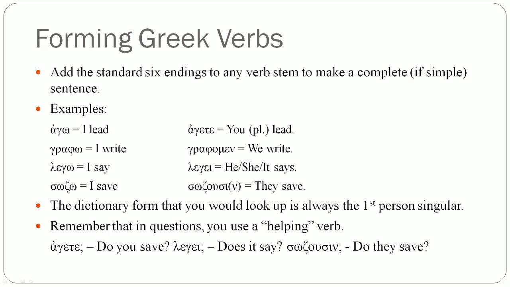This is the first person plural ending, and so this means now we write, or we are writing. Try another verb, lego. Lambda, epsilon, gamma, omega. This verb means I say or I speak.